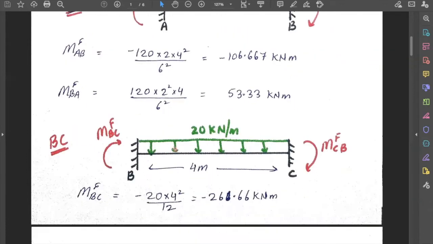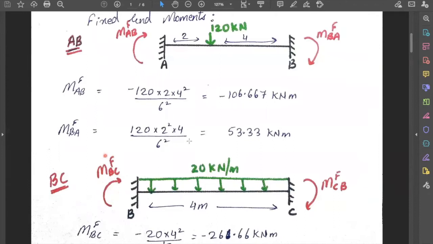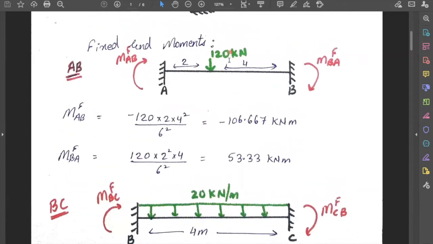Similarly, we can find the fixed end moments from the side B towards A as MFBA. So the force is same, which is 120 kilonewtons. Since the direction is reverse, here we apply the positive sign, and the distance from B is 4 meters.